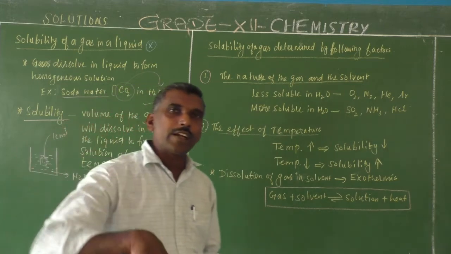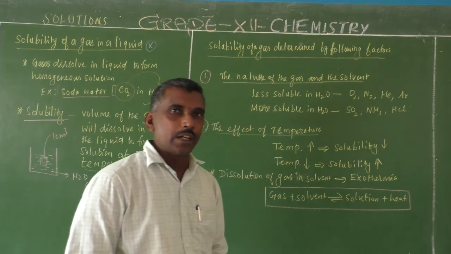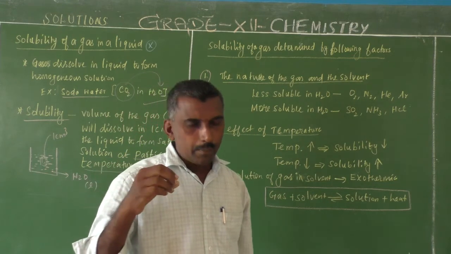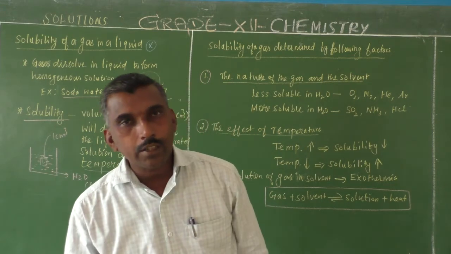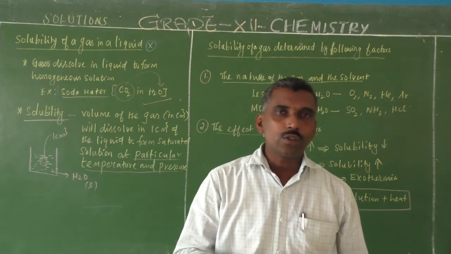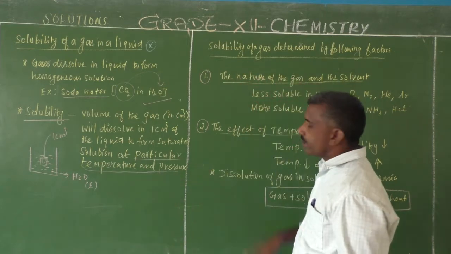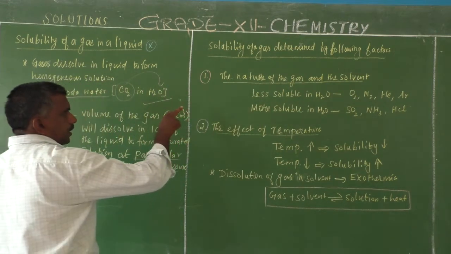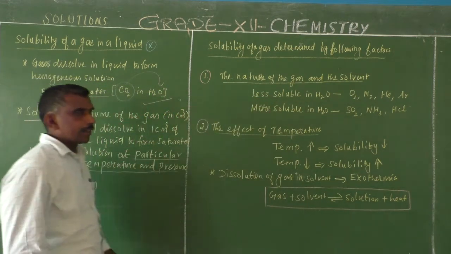These factors decide whether the gas dissolves in maximum amount, minimum amount, or not at all. There are three factors. First, nature of the gas and solvent.